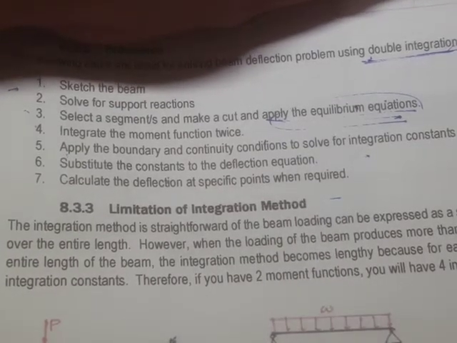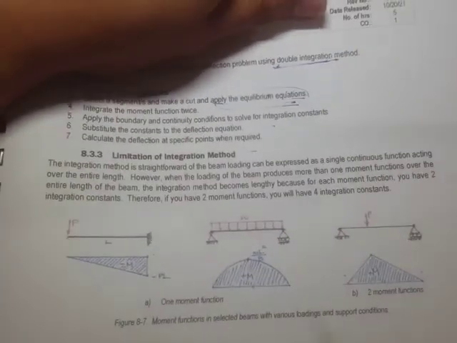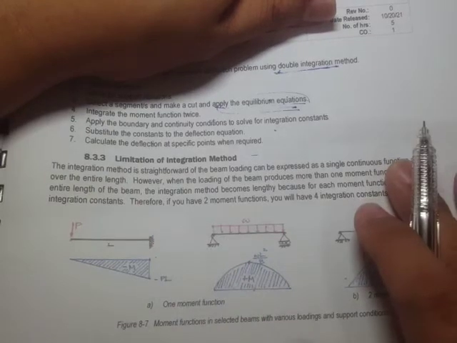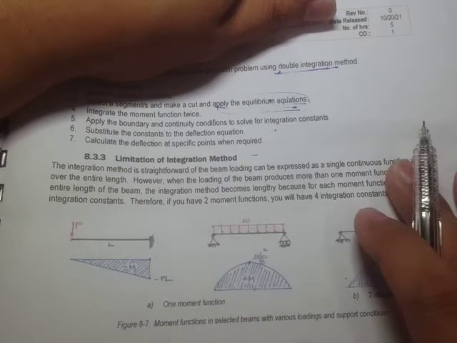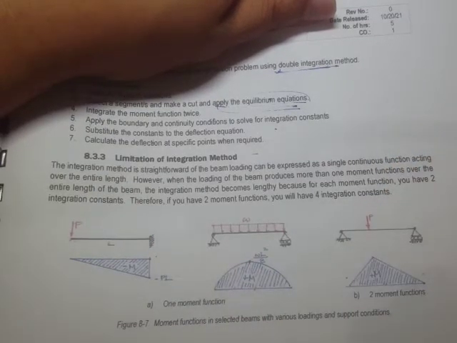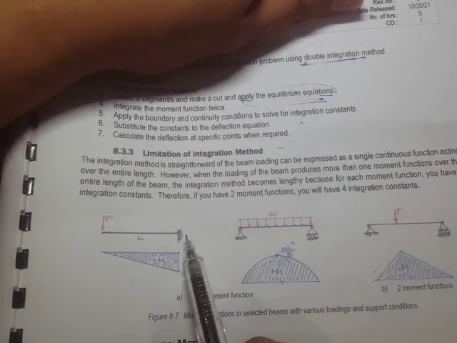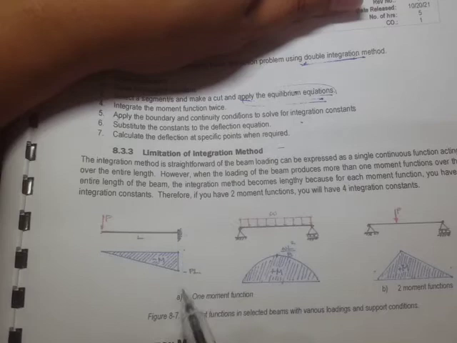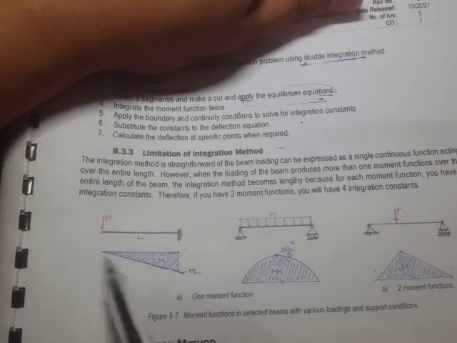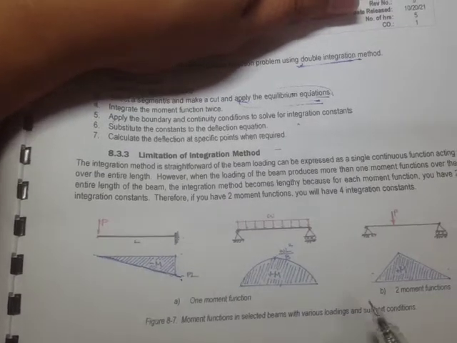Another last thing about this integration method is that there is a limitation on its use, because it becomes lengthy when there is more than one moment function. For example, here we have a cantilever beam, and you see there is only one moment function.